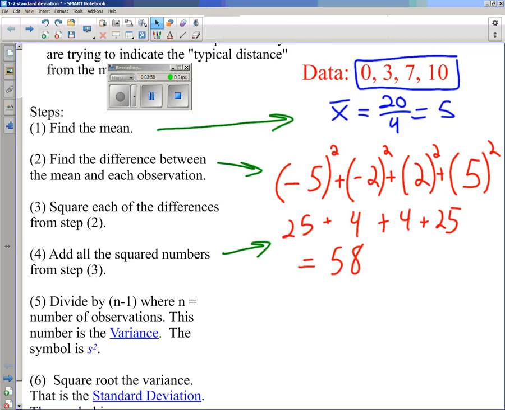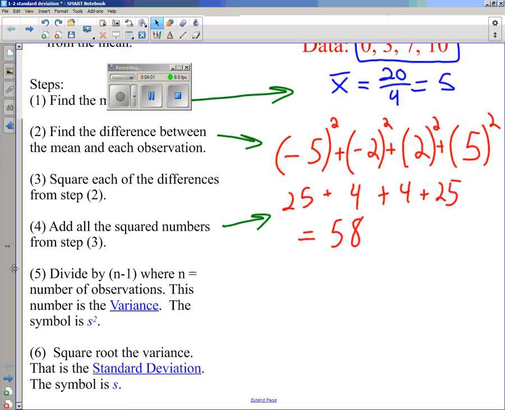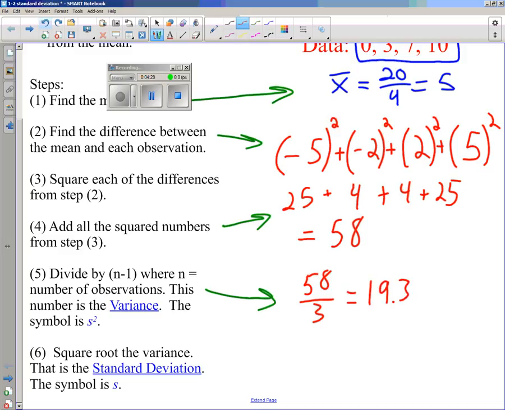So n is 4, and that means that you divide by 3. That is the variance. This number here is called the variance.